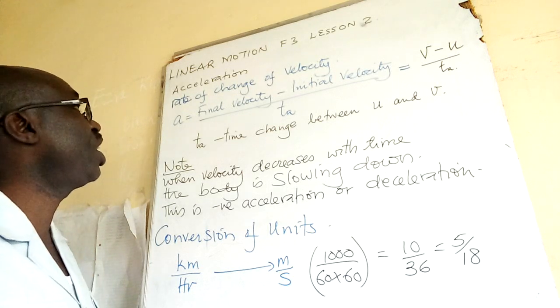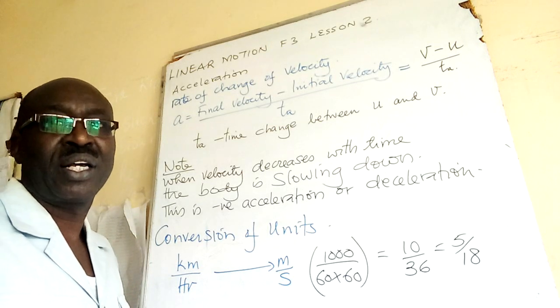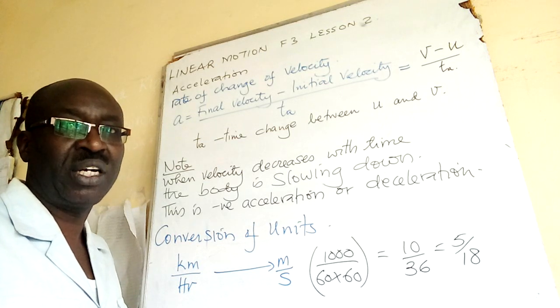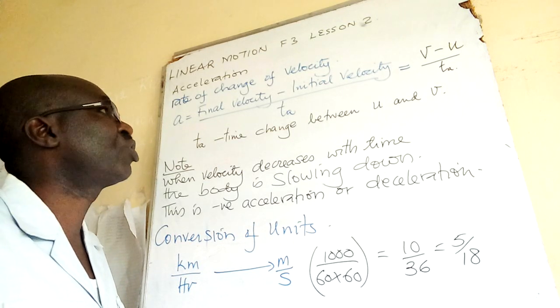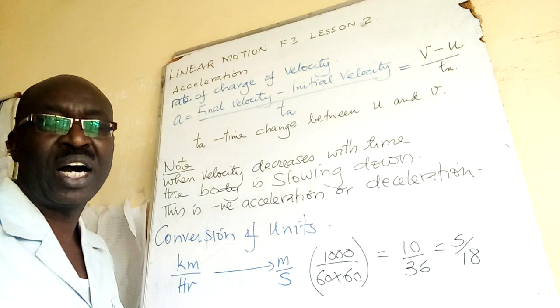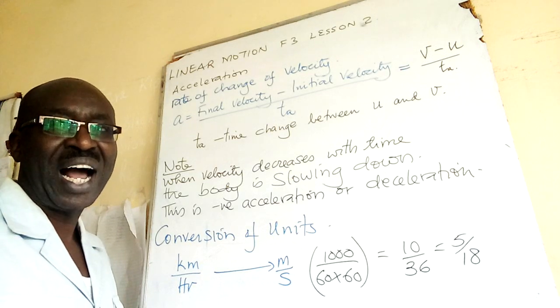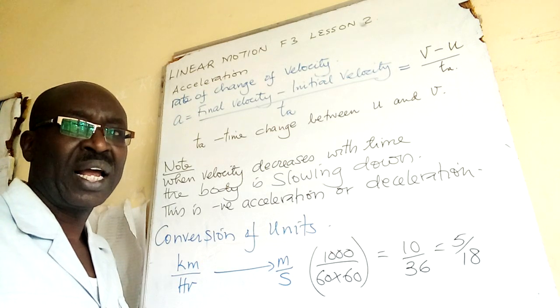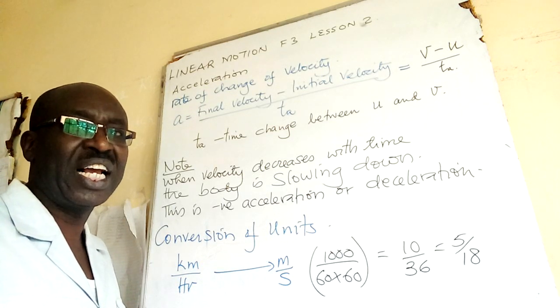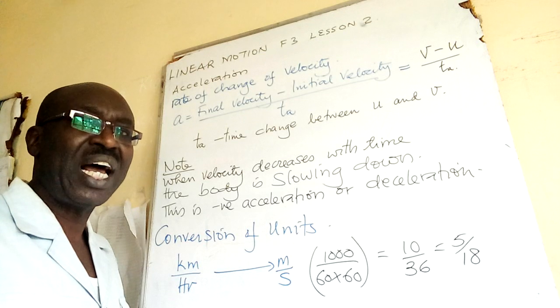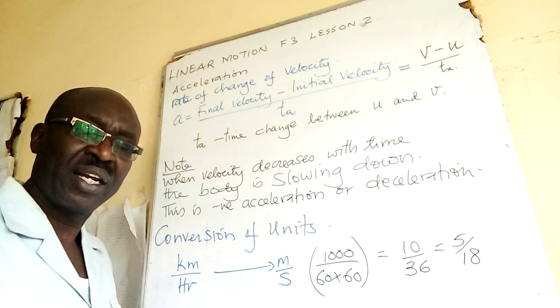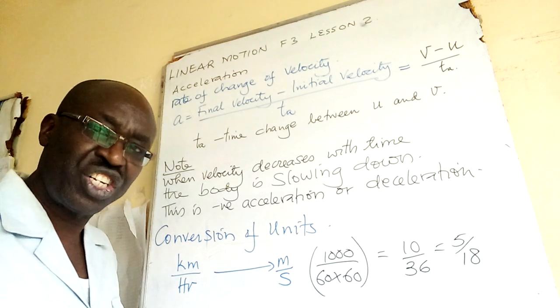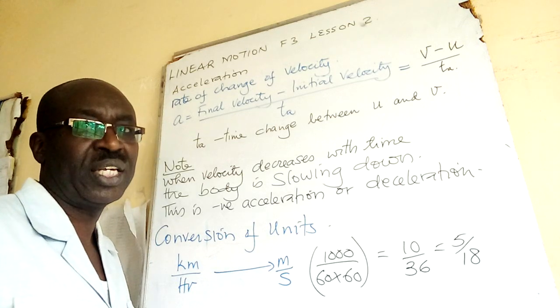And the velocity change is final velocity minus initial velocity over TA. I want to put TA to signify the time taken in that change from U to V.